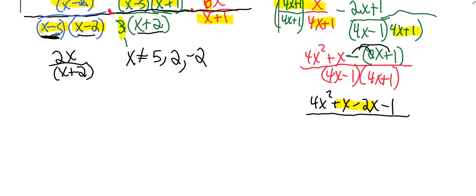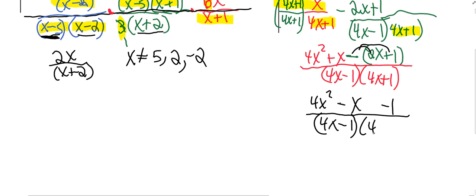Negative x goes right there. And on the bottom we just write our denominator, which we already found. The common denominator is 4x minus 1 and 4x plus 1.